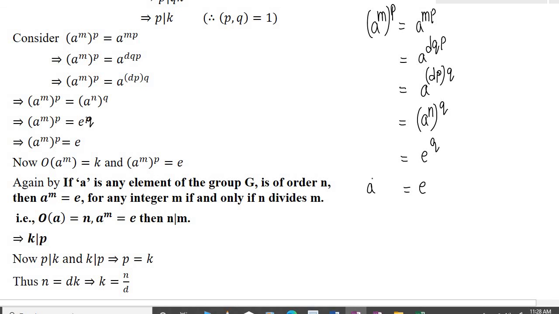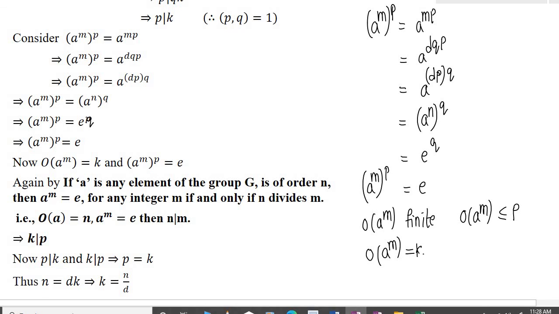So we have A power m whole power P equal to E. That means we can easily say that order of A power m is finite and order of A power m is less than or equal to P. Here order of A power m is finite means order of A power m equal to k and A power m whole power P equal to E.